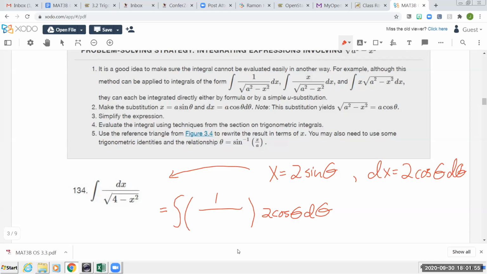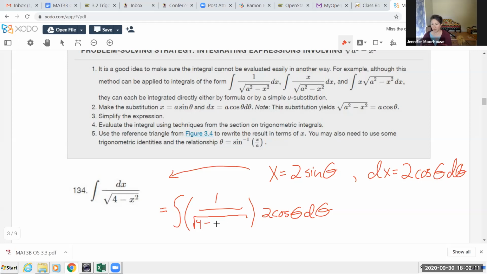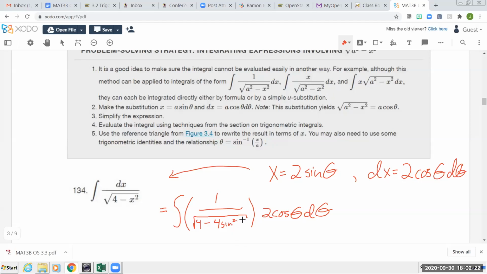It's 1 over the square root of 4 minus 2 sine theta squared. 4 minus 2 sine theta squared, which is, if I square the 2, right, it's 4 times sine squared theta.